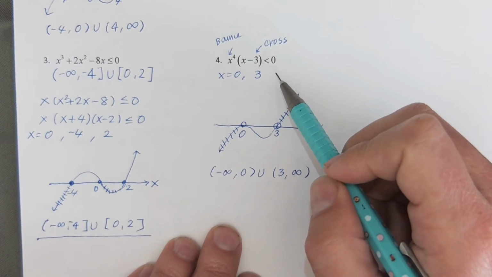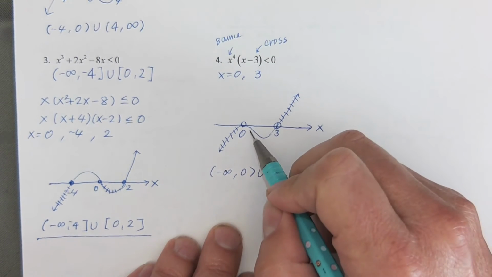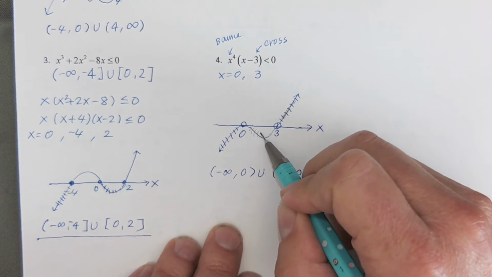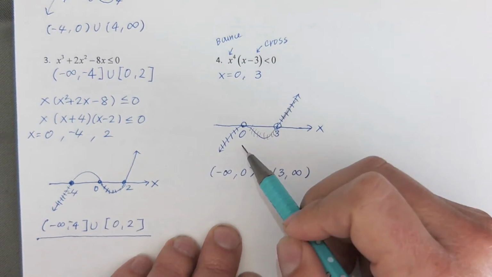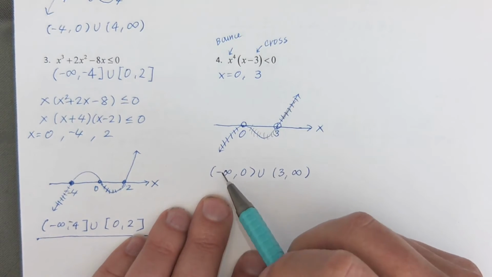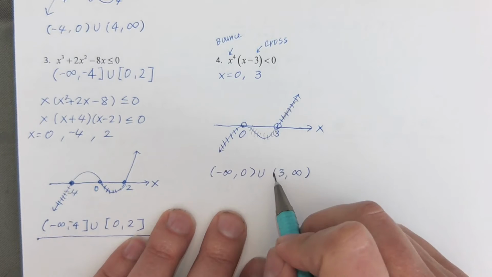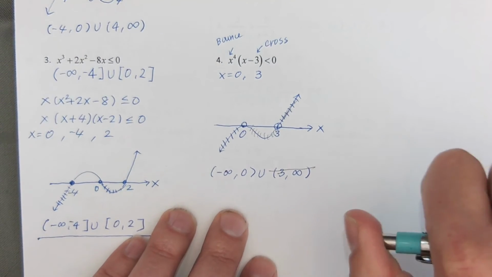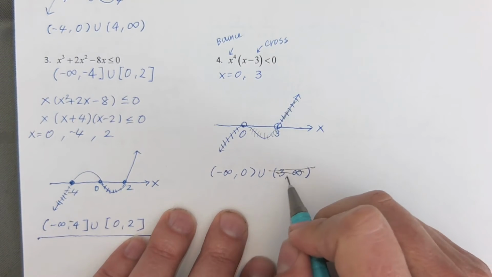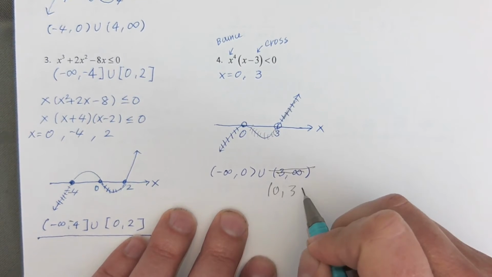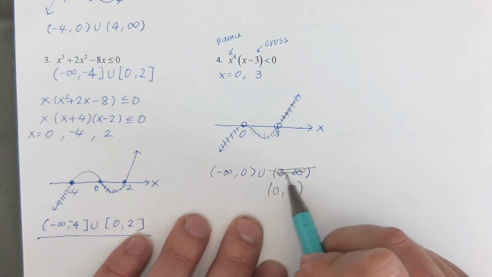This wants to know when the graph is negative. So it's going to be negative from negative infinity to 0, and then union with 0 to 3, exclusive. We are not including it.